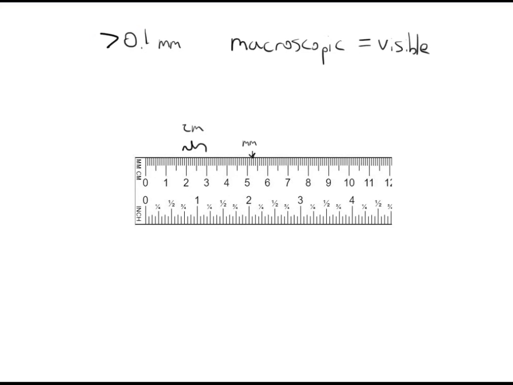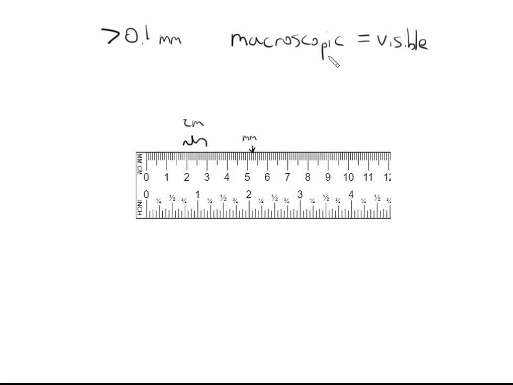And if things get much smaller than that, that's about where you lose the ability to see them. So you really can't, with your naked eye, see things unless they're at least about 1/10 of a millimeter large. Now, below the macroscopic scale, we have the microscopic scale.